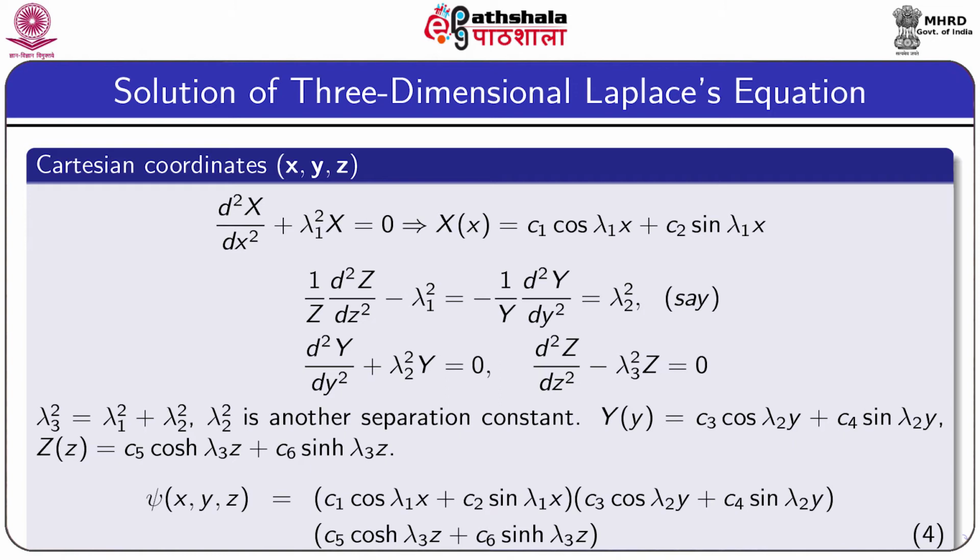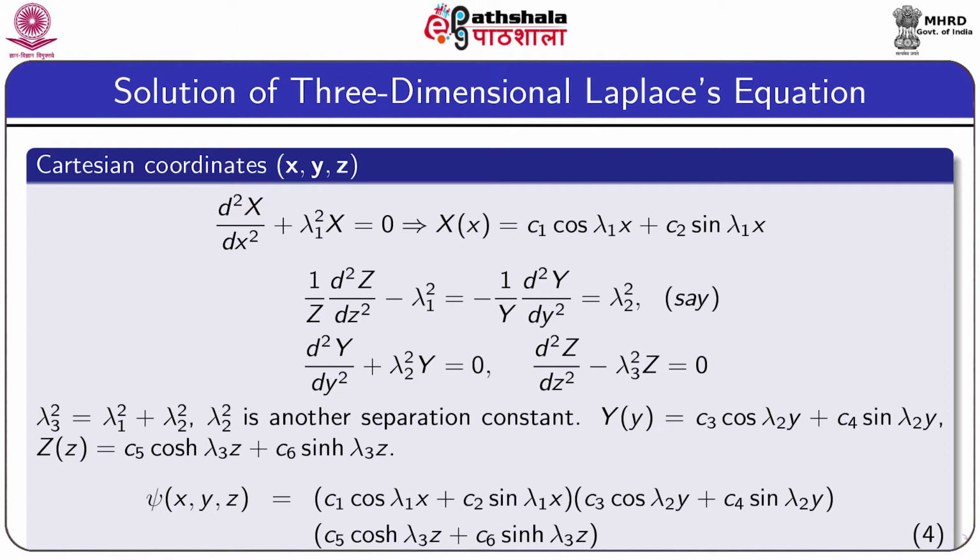Now, our target is to separate the variables, or the functions capital Y and capital Z. For that purpose, we take the expression 1 by capital Z d2Z dz square minus lambda 1 square on the left hand side, and its value is equal to minus 1 by Y d2Y dy square. Now, let us choose another separating constant lambda 2 square.